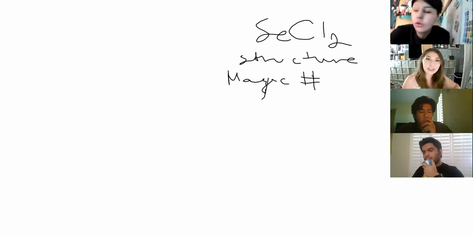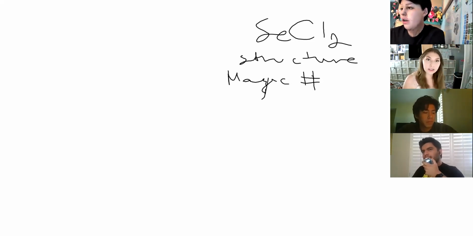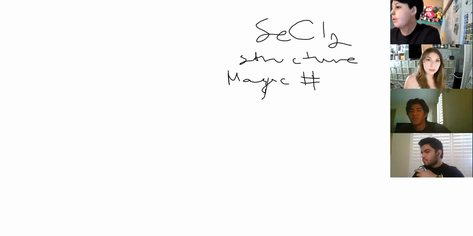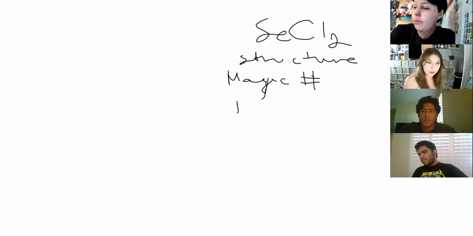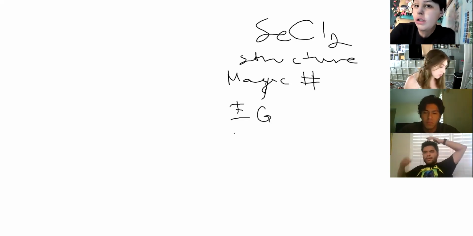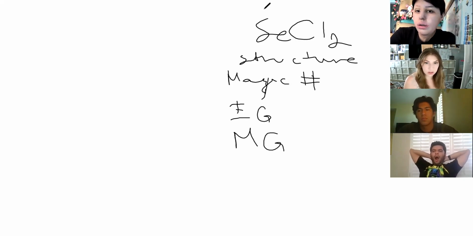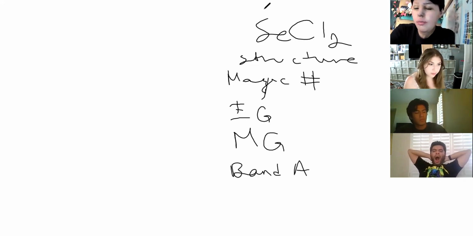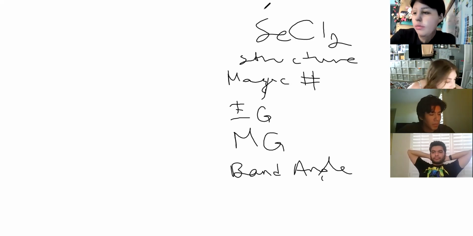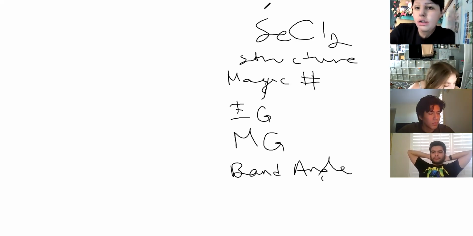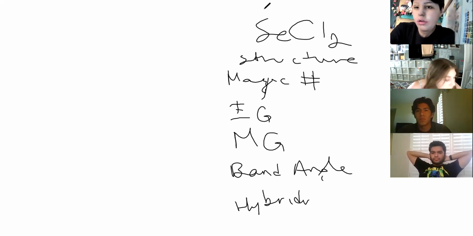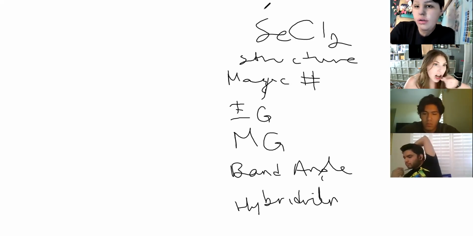Okay, structure, magic number, I got it. I know this one. Electronic geometry, molecular geometry, bond angle, and hybridization. Okay.